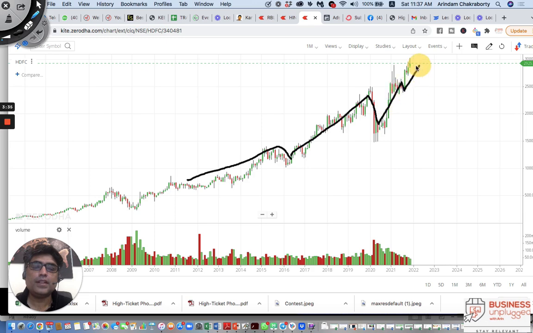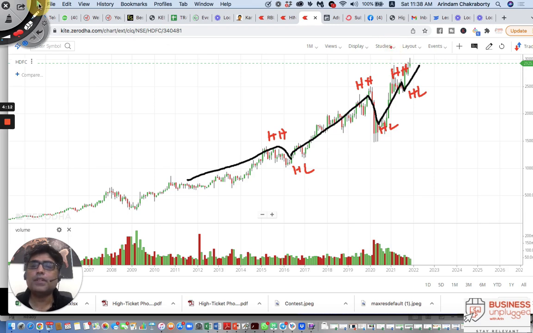But here, as we have discussed earlier, we are getting to see higher high and higher low, and again a higher high and a higher low. That gives a sense that this is a stock which has been performing over a period of time on a monthly chart, obviously over the years.